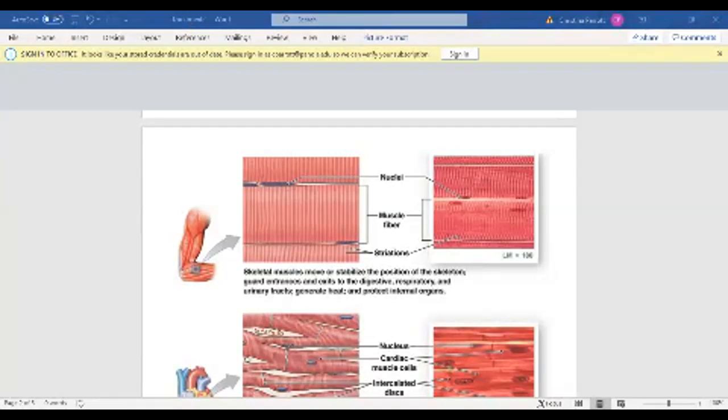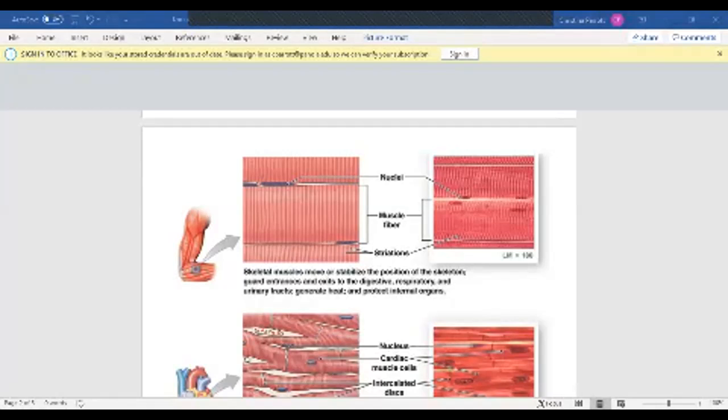And they are striated, or they're striped. So again, your skeletal muscle fibers are large, thick, straight fibers that are multinucleated and have striations. Make sure you can identify this as skeletal muscle tissue underneath the microscope, and make sure you can label the striations and the nuclei.